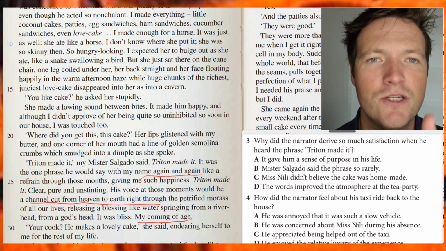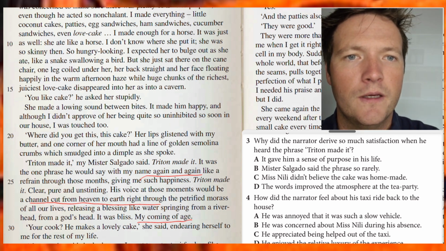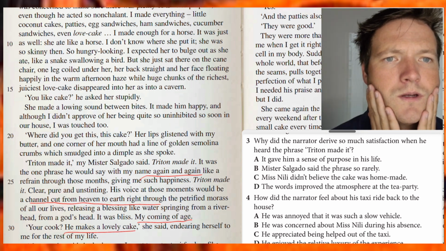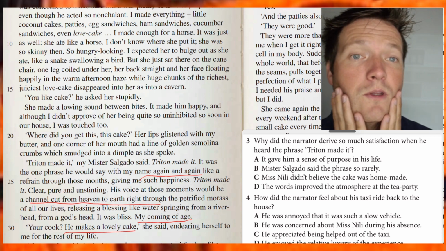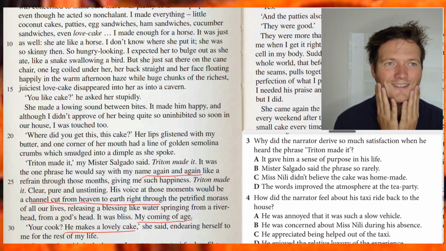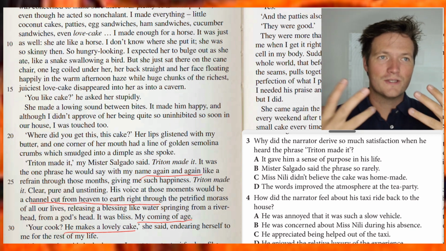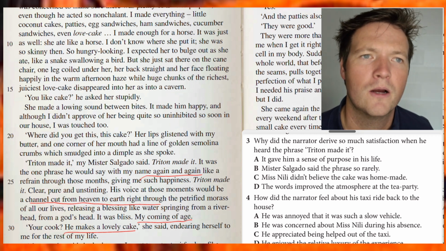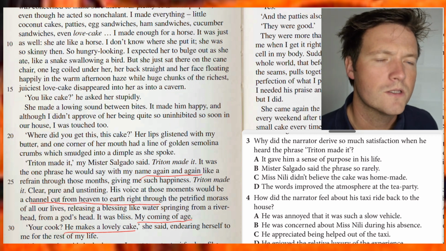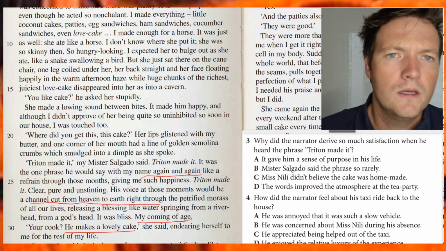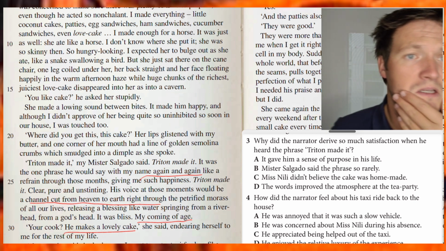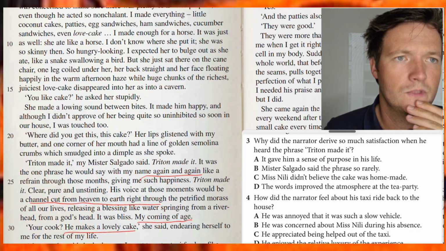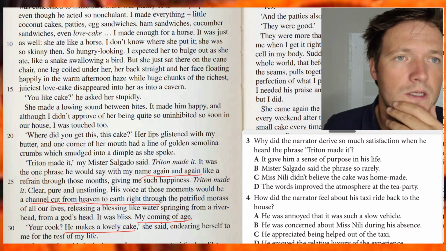In line 30, she says, your cook, he makes lovely cake. She said that, endearing herself to me for the rest of her life. He was glad that she liked it, and she made that remark about his cooking. So clearly, I don't think she disbelieved that it was homemade. No, I don't think it's C.